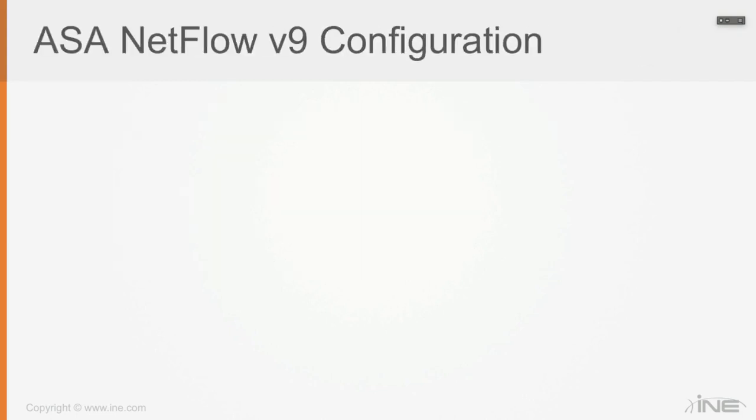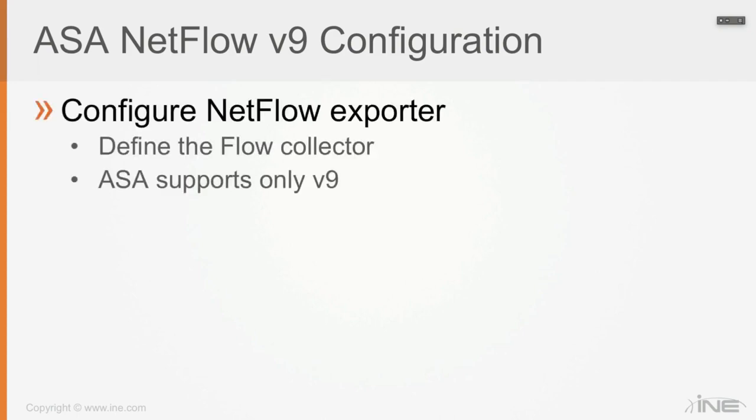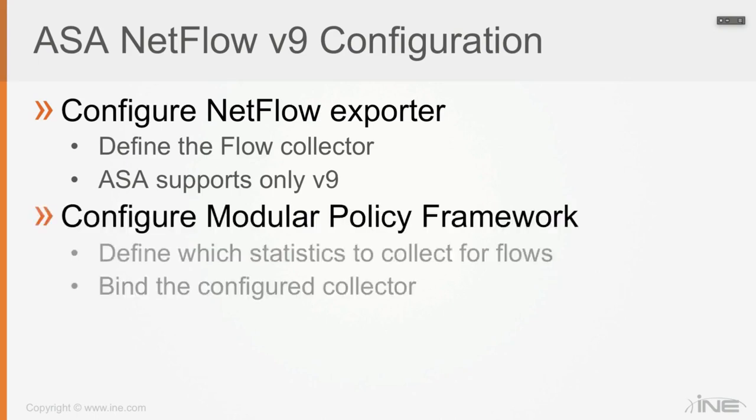From the ASA point of view, it's going to be pretty much the same 3 steps, but it's going to be a different configuration because ASA is a different platform. So first we define the exporter. Likewise, we define to which collector we send the statistics. And the ASA supports only version 9 of Netflow. And then the way we get statistics on the ASA is via the modular policy framework configuration.